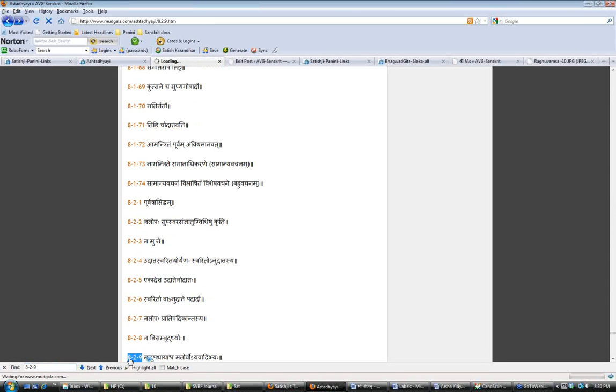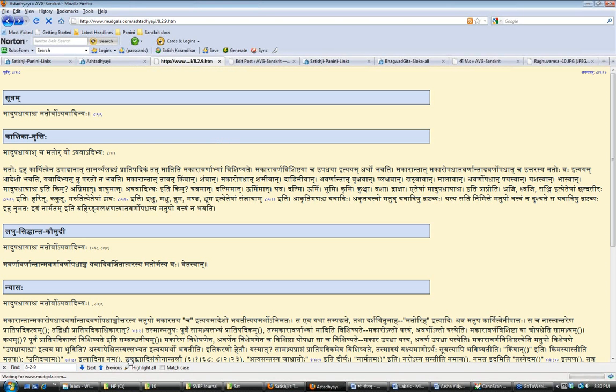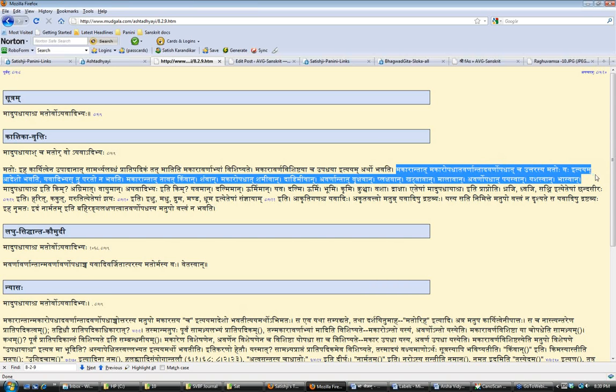The matup should become vatup first of all. And secondly, makarantat, makara upadhat and avarnantat, avarnopadhat cha uttarasya matoho vaha iti ayam adesho bhavati.